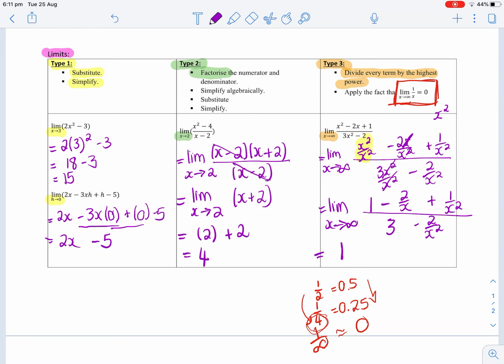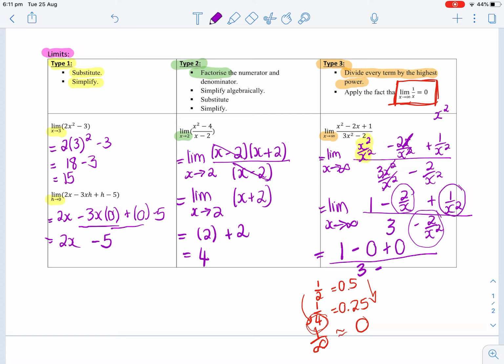So I'm saying 2 over x, if that denominator approaches infinity, the overall value will approach 0. 1 over x squared, the denominator will be infinity squared, it will definitely approach 0. 3 will be 3.